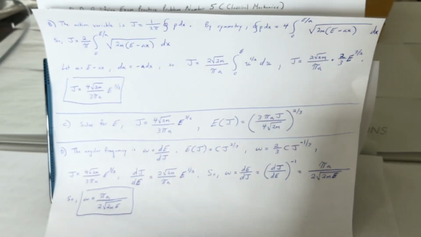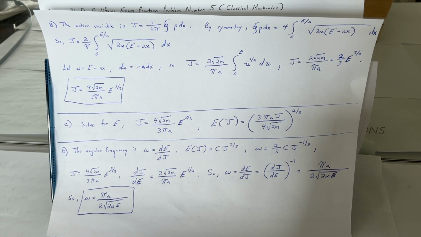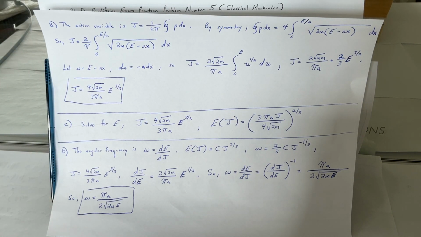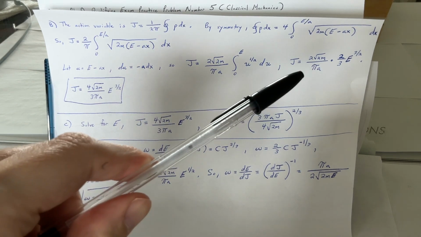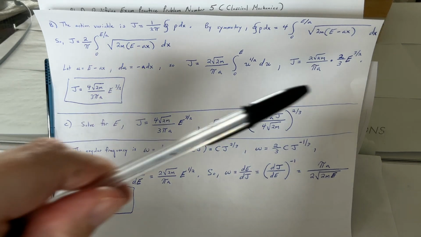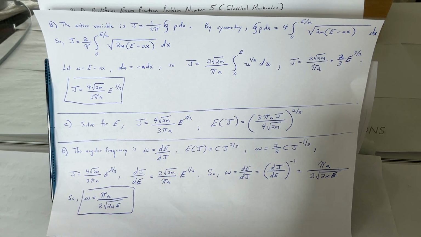So J equals, and we're going to skip over some of the computation. We arrive at J equals 2 times the square root of 2m over pi A, integrated from 0 to E, u to the 1/2 du. And when we perform our operations, J is 2 times the square root of 2m over pi A times 2/3 E to the 3/2.